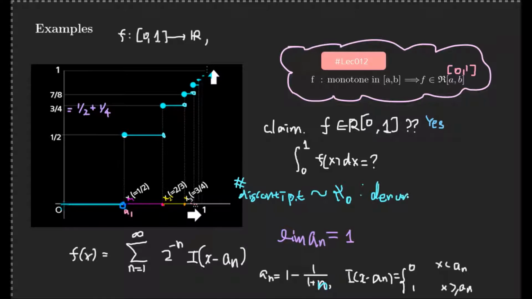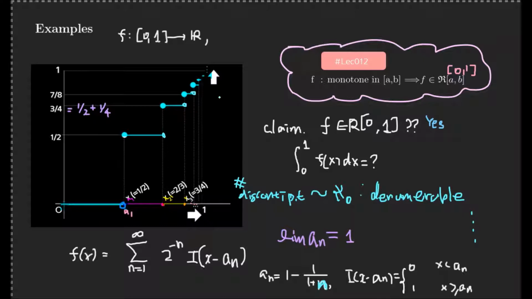The number of these discontinuous points corresponds to the natural numbers 1, 2, 3, 4, because the sequence is given.